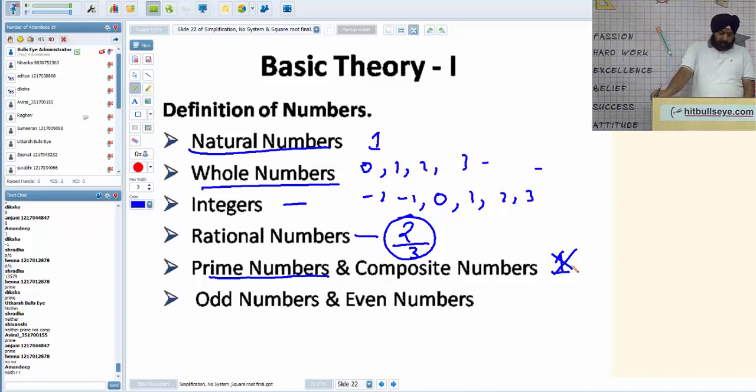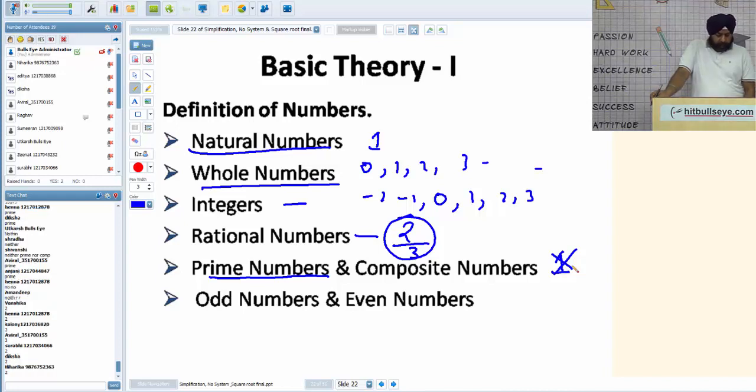If I ask what is the first prime number? Yes, it's definitely 2, not 3. And 2 is the only even prime number. You should understand that 2 is the only even prime number. You will get a lot of questions based on this.